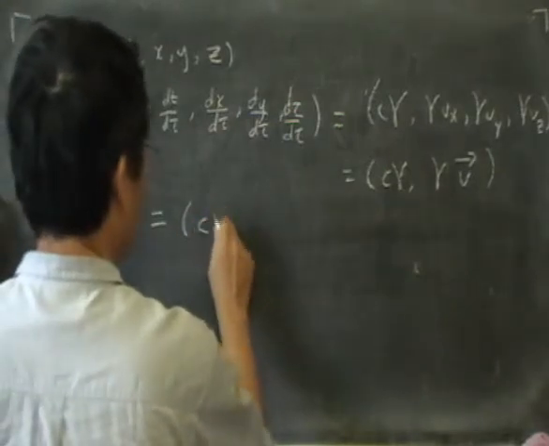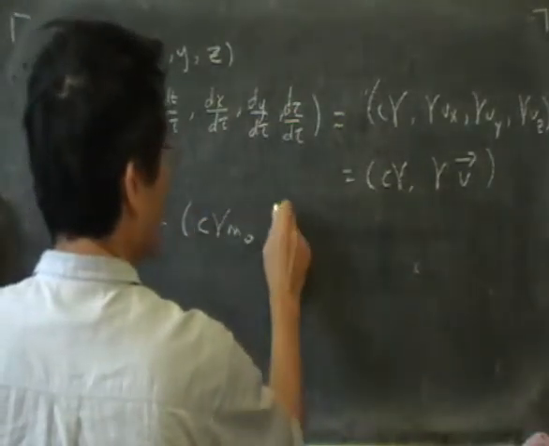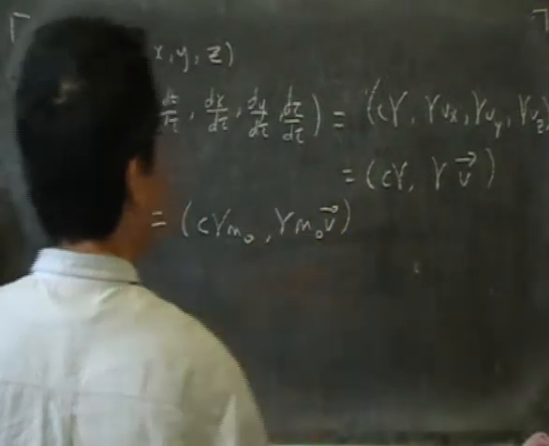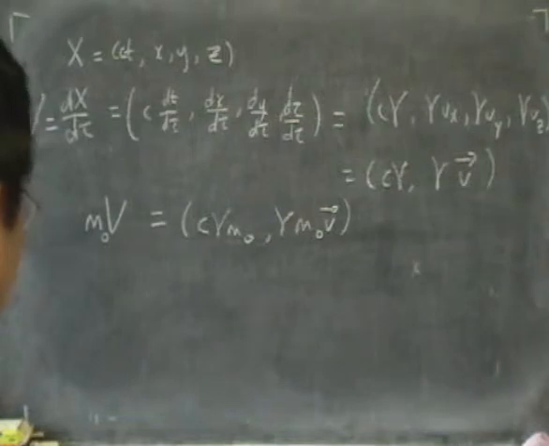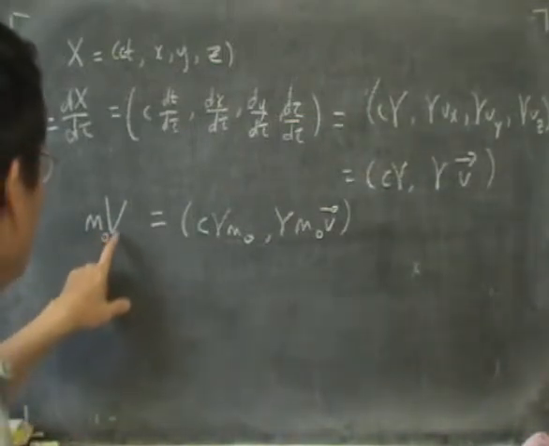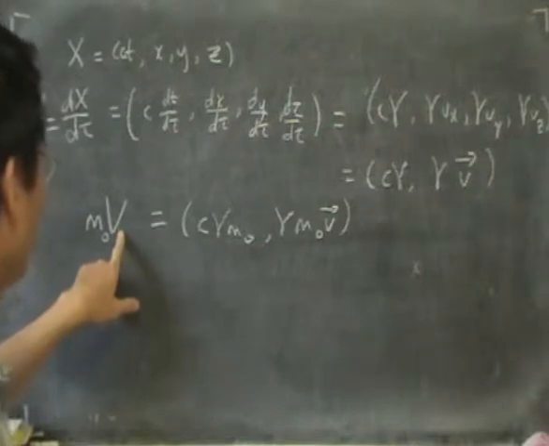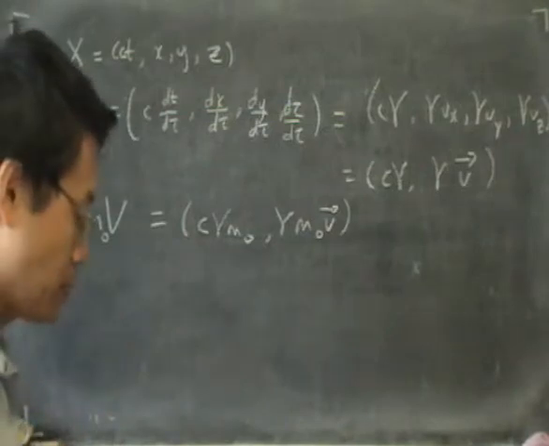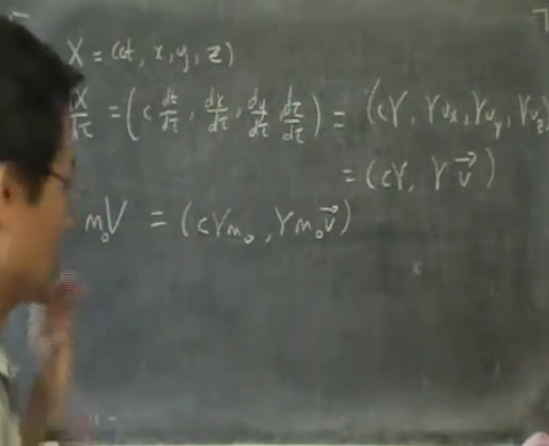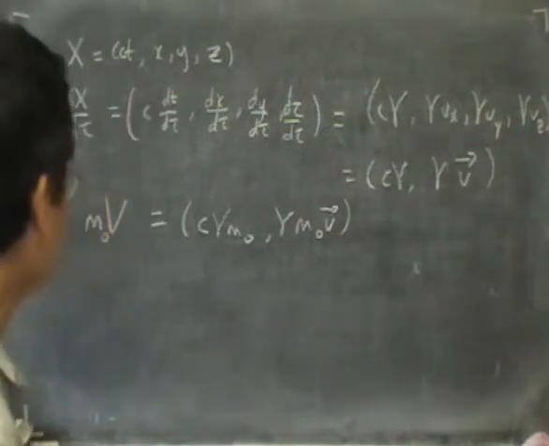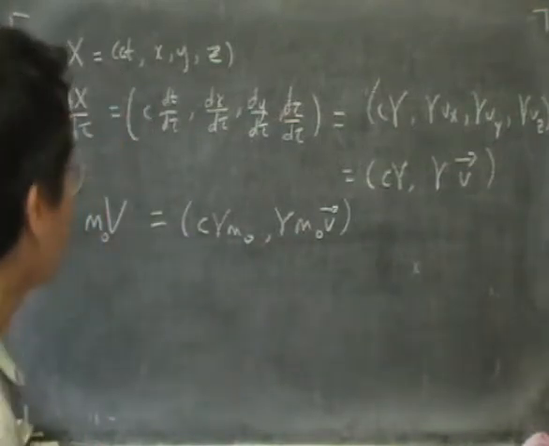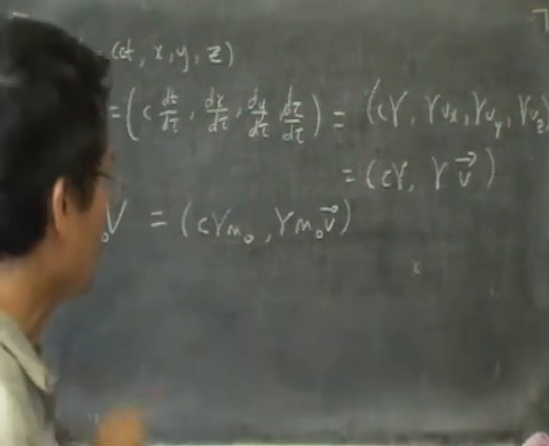So this is c gamma m naught, gamma m naught v vector. Okay, so that's that. So we would expect that if I'm just multiplying this 4 velocity by a constant m naught, constant as in the same for different frames of reference, then this product should also be a 4 vector. And this is what it looks like.